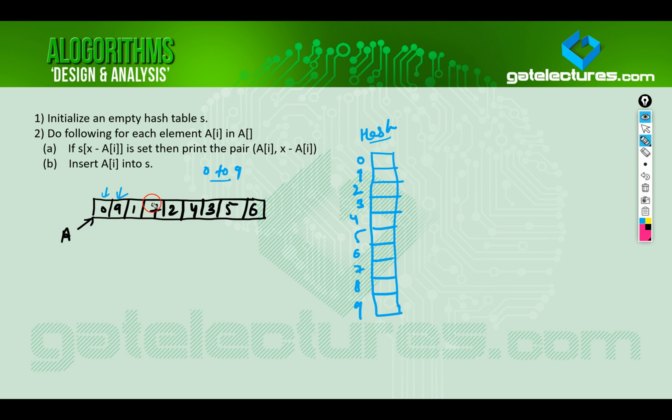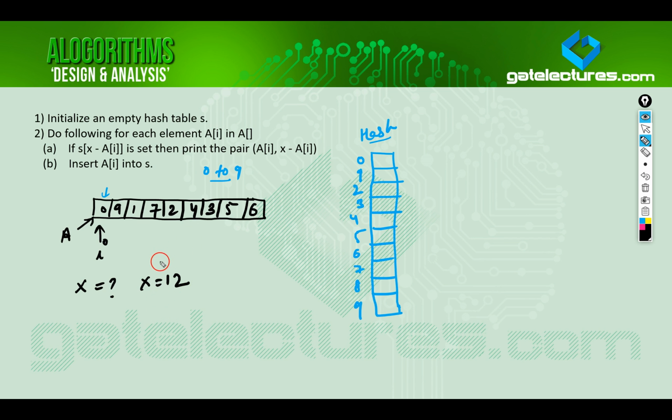Therefore, what we are going to do here is take two pointers. First of all, the first pointer is going to be I. Generally, when we say that we need a number x, this x can be anything. Let us say this x is 12. We need to find whether two numbers exist whose sum is equal to 12.